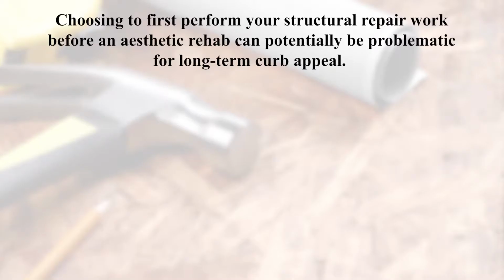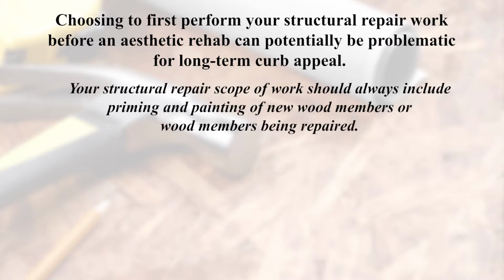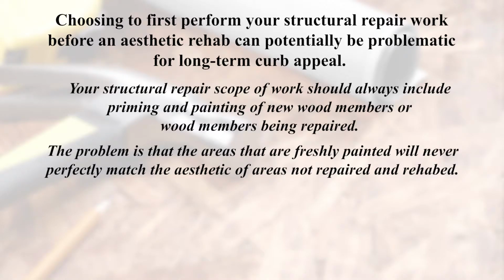Choosing to first perform your structural repair work before an aesthetic rehab can potentially be problematic for long-term curb appeal. Your structural repair scope of work should always include priming and painting of new wood members or wood members being repaired. The problem is that areas that are freshly painted as part of a structural repair program will never perfectly match the aesthetics of areas not repaired in rehab.